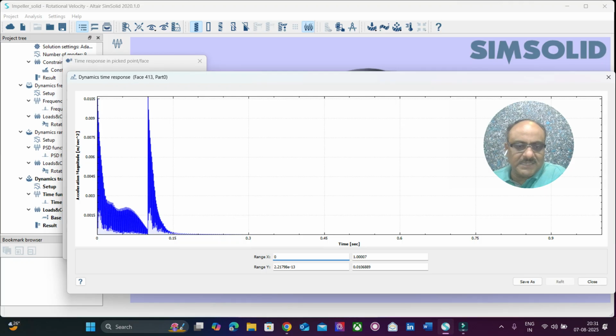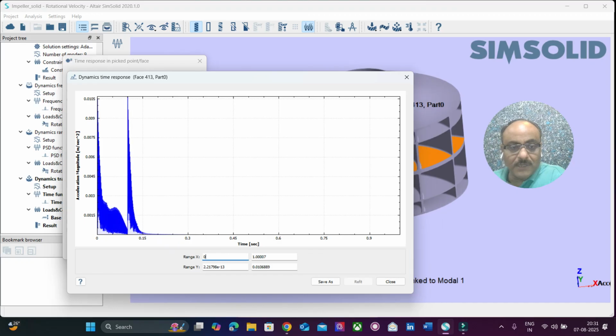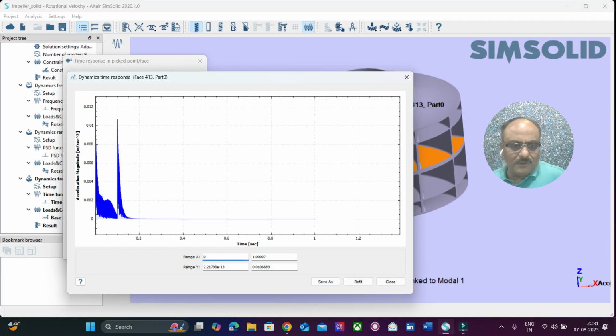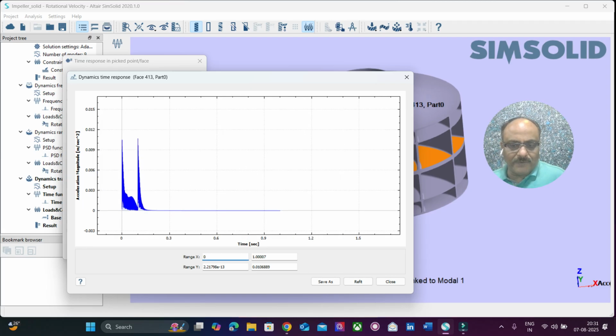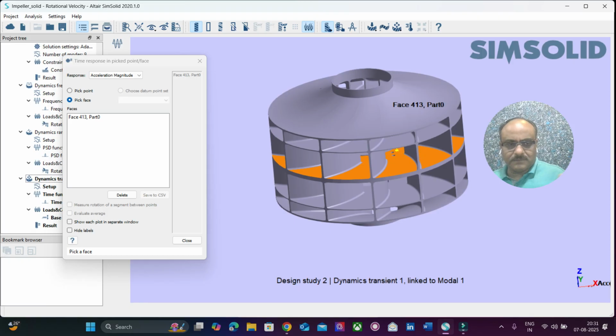So these excitations are going to be the input values for the test simulation. This particular impulse is extracted, and this impulse is going to be given as an excitation to the structure. Now we have found out how the acceleration plot is, and how the velocity plots and all those things are found.